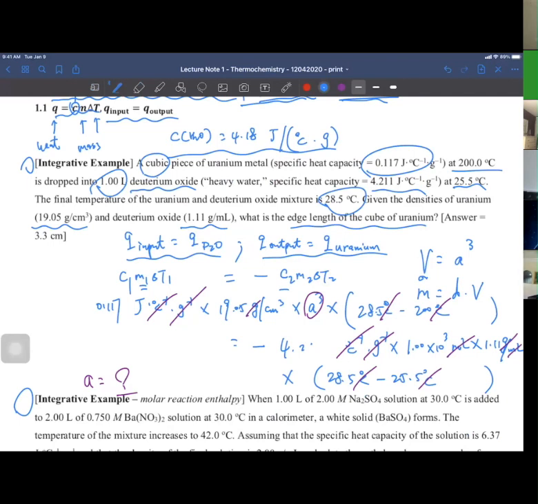Yeah, if you cube it, right? Check here. Oh, okay, yeah, it's 3.0. Yeah, 28.5 minus 25.5 equals 3.0, right? So there are only two significant figures. So which means during this process, there is one significant figure lost, right?